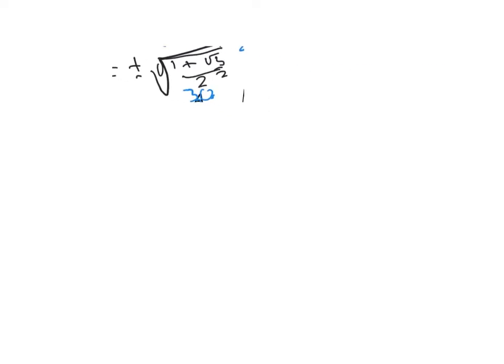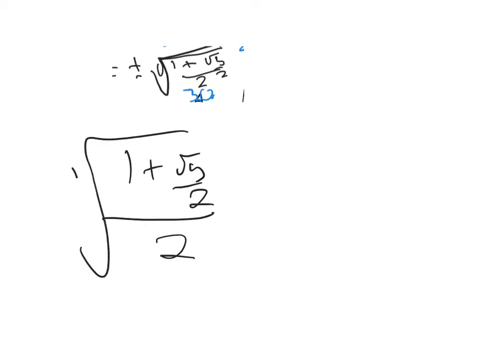So the algebra is really ugly. 1 plus square root of 3 over 2 all divided by 2. You could do this a lot of ways. You could make one fraction on top, put a 1 over there. Common denominator is 2 over 2.